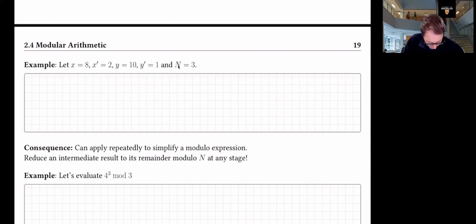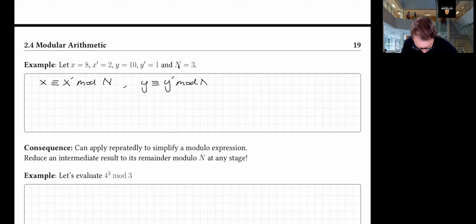So we can see from this that x is equivalent to x prime mod n, and also y is equivalent to y prime mod n.